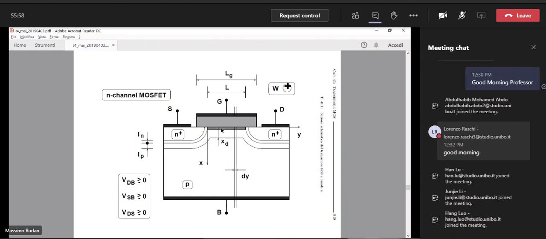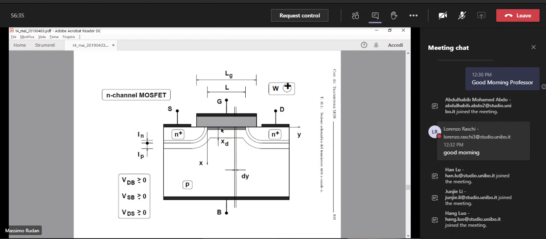So this is the typical functioning of a valve, that is a device by which, acting on the gate to bulk voltage, we control the current flowing between the drain and source contact. So controlling the voltage at one port, that is the gate port, we control the current in another port, that is the source drain port.